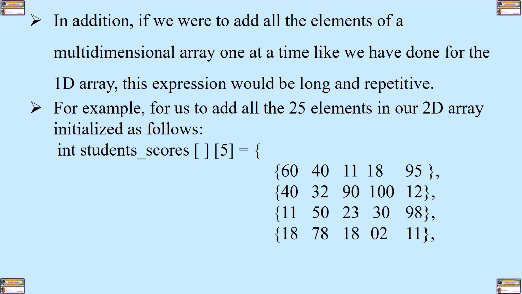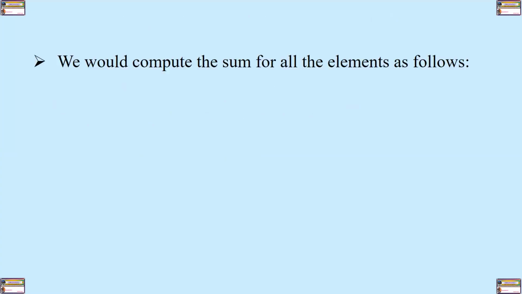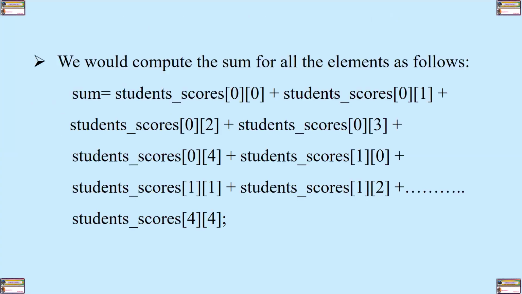So this is our array, the two-dimensional array. Now you can imagine us adding each of these elements separately as follows.